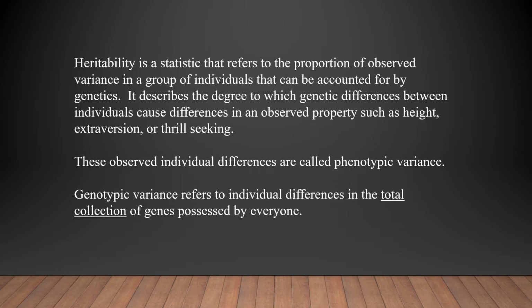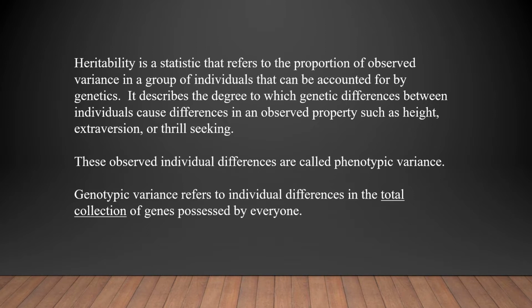So one of the definitions on the study sheet is this one. What is heritability? Well, first and foremost, it's a statistic. It refers to the proportion of observed variation in a group of individuals that can be accounted for by genetics. We're going to talk in the subsequent PowerPoints or videos about some of the different types of behavior genetics and factors that are studied, but suffice it to say, it's a genetic accounting.